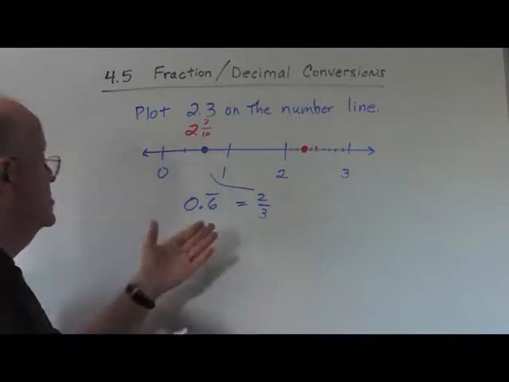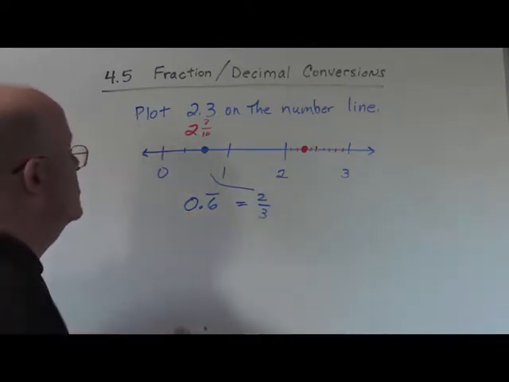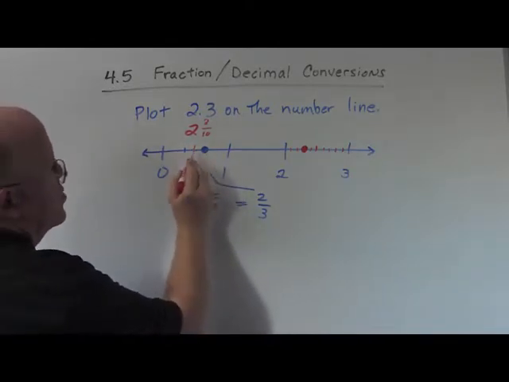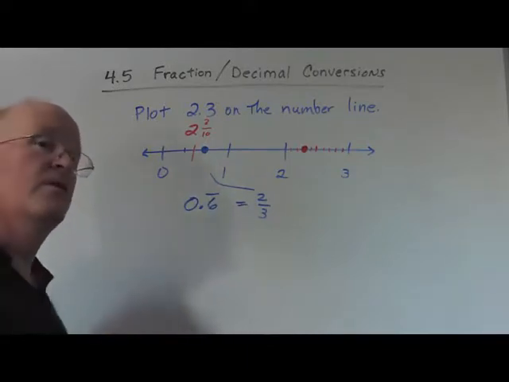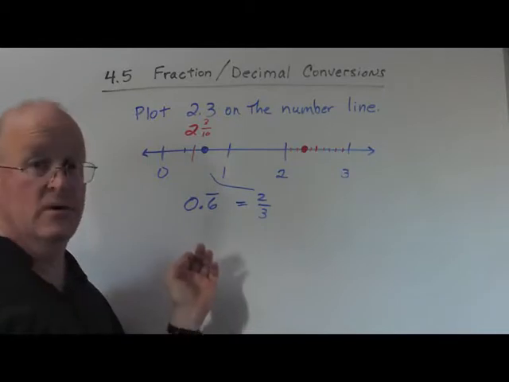Now if you wanted to just eyeball it and say 0.6 is a little bit to the right of 0.5, and say 0.5 is right here, so we're a little bit to the right of it, you can do it that way. Usually you're not asked for super precision when you are doing this.